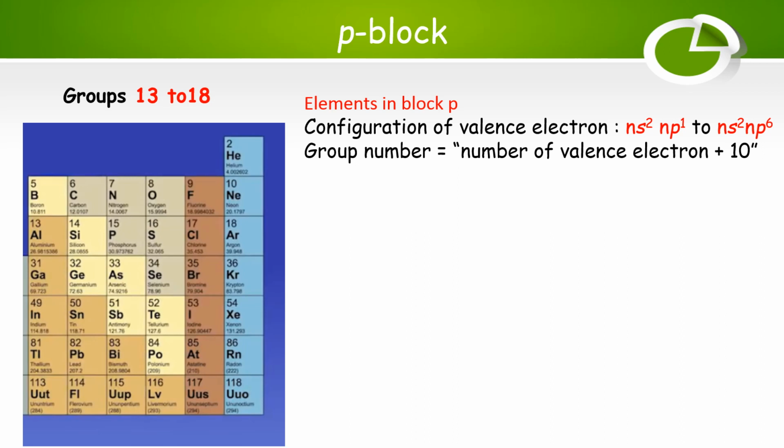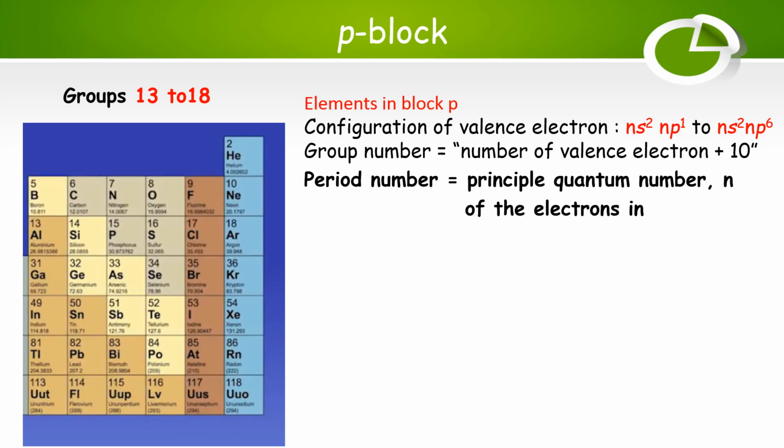The group number for any element in the P block is the number of valence electrons plus 10. Please remember that the group number will be equal to the number of valence electrons plus 10. The period number will be equal to the principal quantum number n of the electrons in the valence shell.